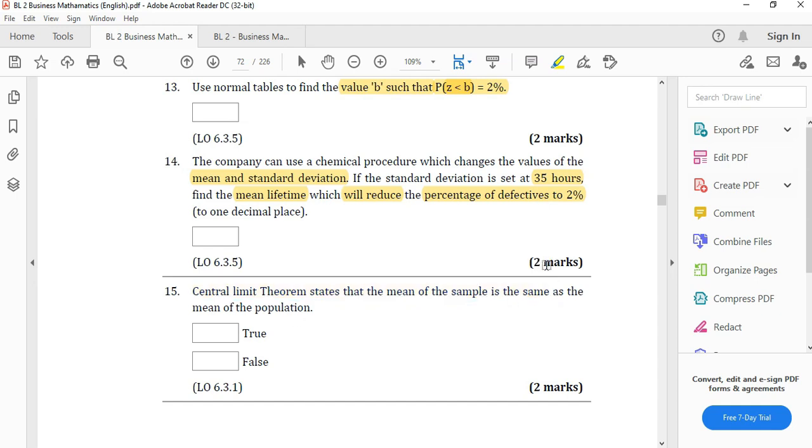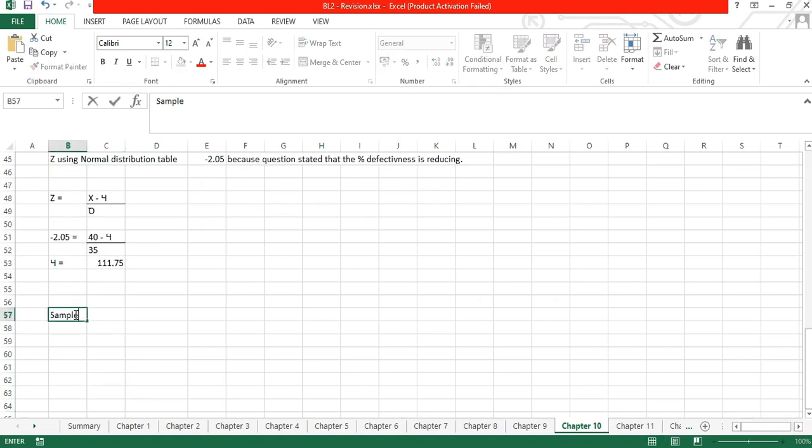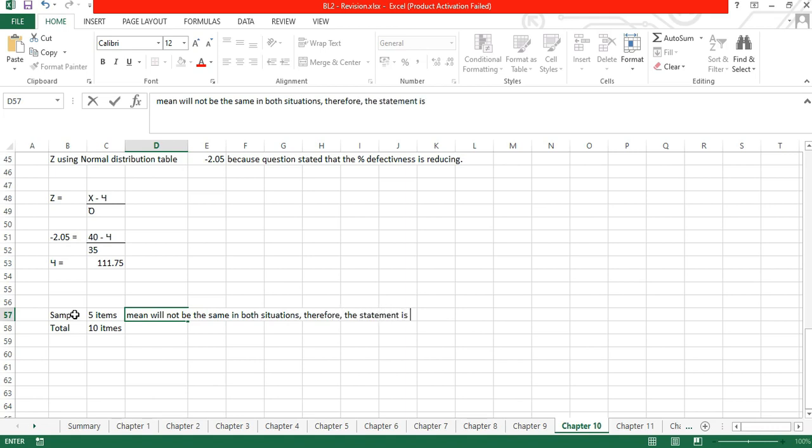The sample mean is not exactly the same as the mean of the total population, because the sample will have 5 items, but in the total population there may be 10 items. So will the mean be the same? No, the mean will not be the same in both situations. Therefore, the statement is false.